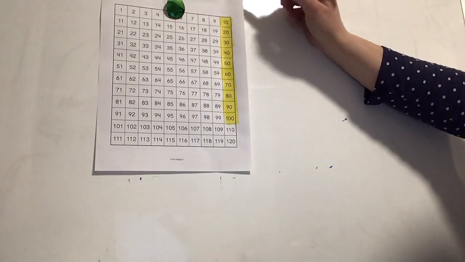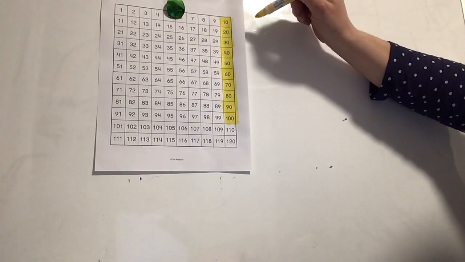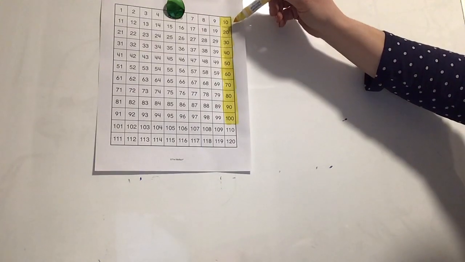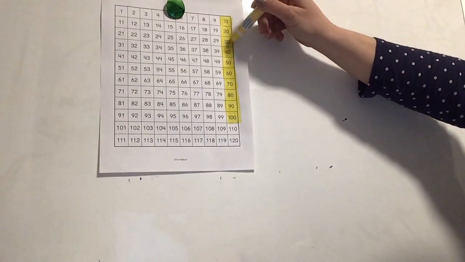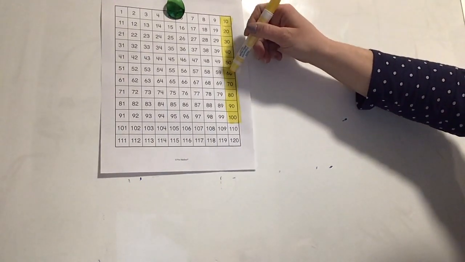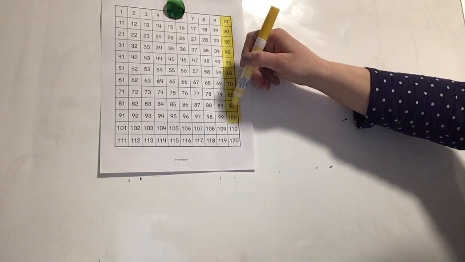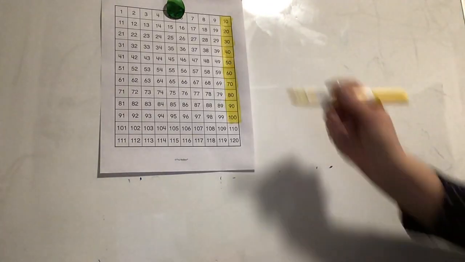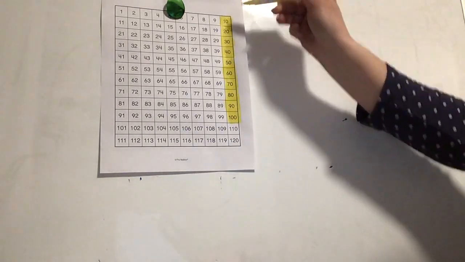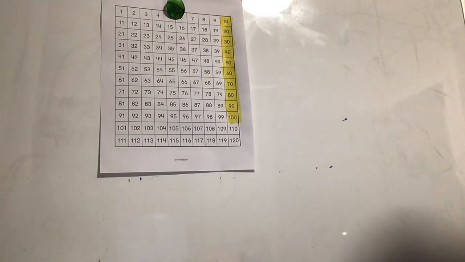So I found 10, and I went down the column. So I went 10, 20, 30, 40, 50, 60, 70, 80, 90, 100, right? So I hope you are coloring right now as you're counting. I'm going to give you a quick second. So we colored.